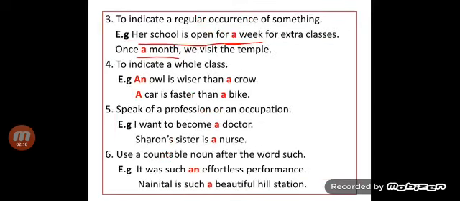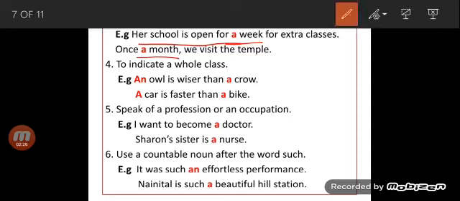Next, to indicate a regular occurrence of something. To indicate a regular occurrence of something means the event takes place for a period of time. For example, her school is open for a week for extra classes. So a week is a period of time. Once a month we visit the temple.